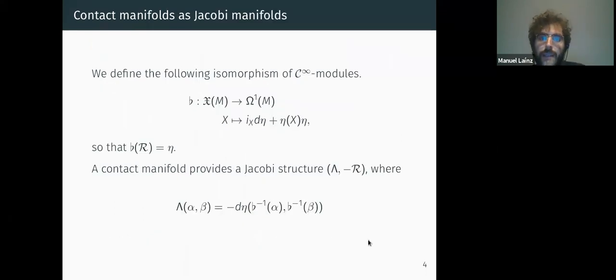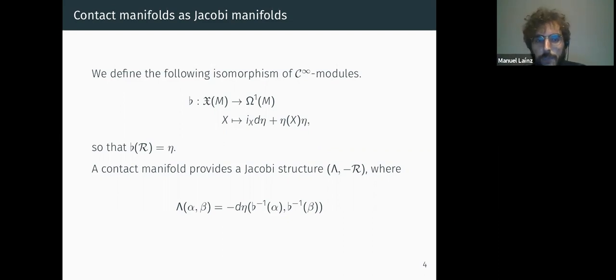Okay. In a contact manifold, you can define this isomorphism of modules from vector fields to one forms just by contraction on d eta plus contraction on eta times eta. And this isomorphism takes the Reeb vector field onto the contact form.